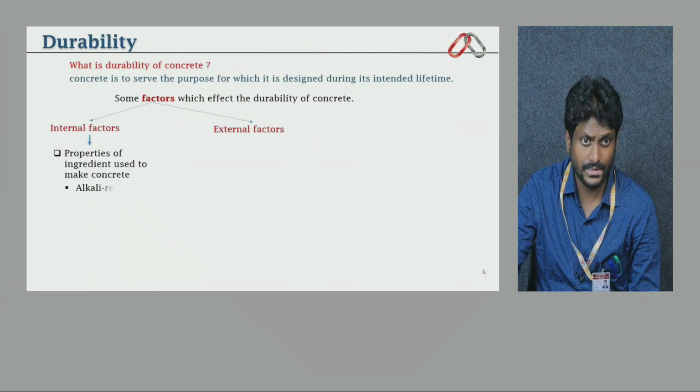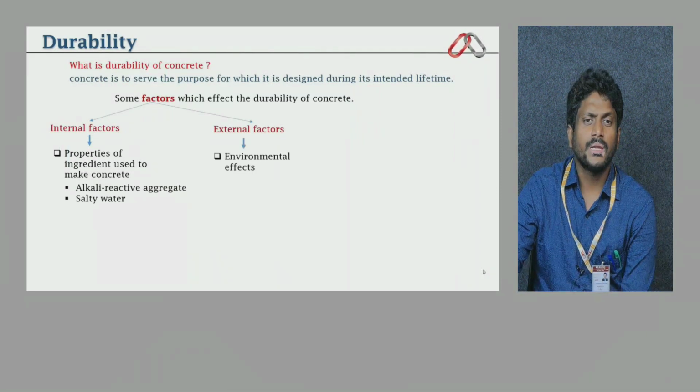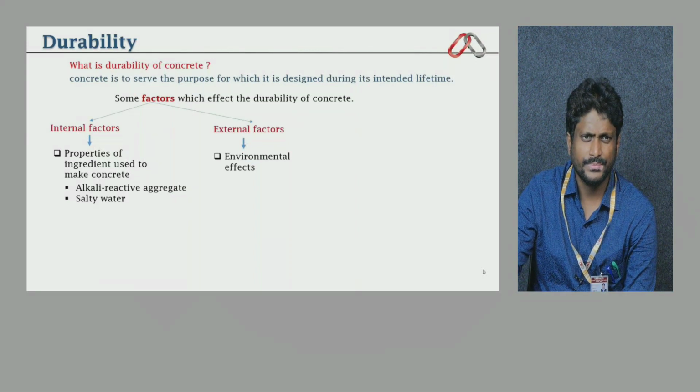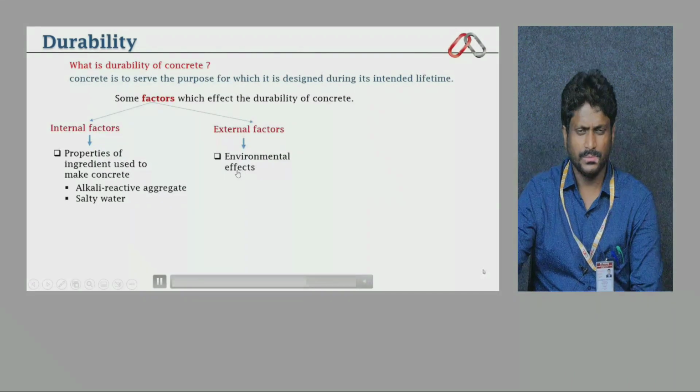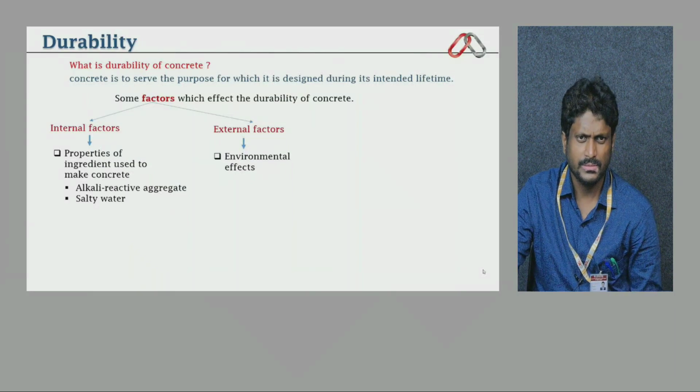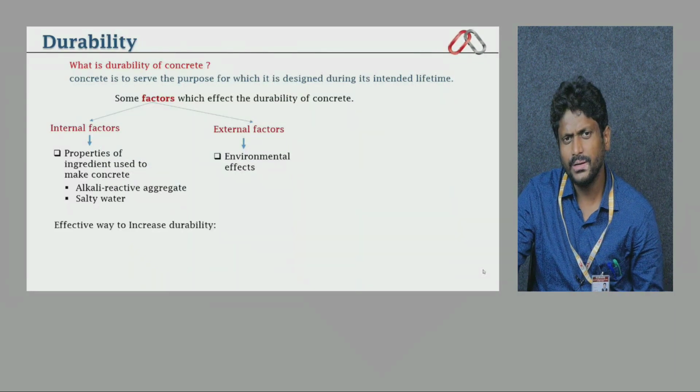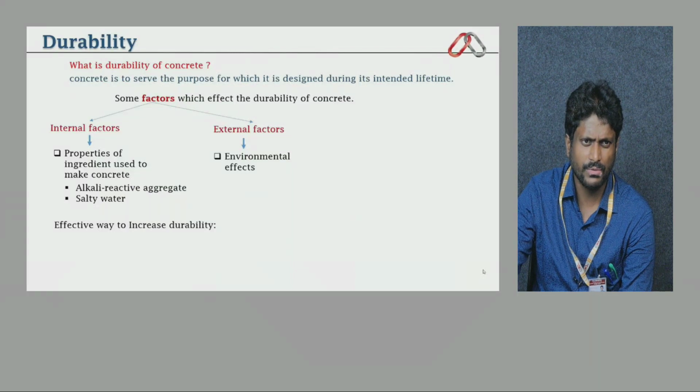Properties of ingredients used to make concrete, alkali reactive aggregate, salty water. Then environmental effects are external factors actually, maybe sulfate attack due to rain, then wind effect; this all comes under the environmental effects.